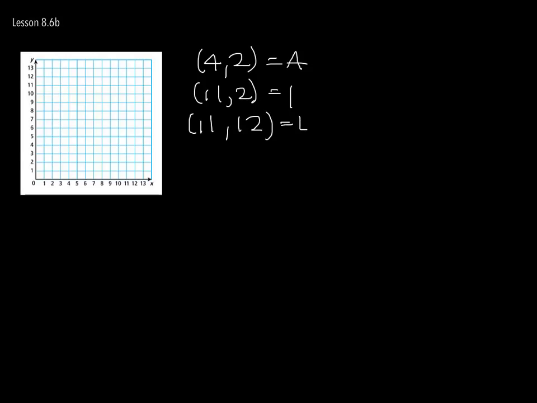So we have 4, 2, and that's plot A, and we have 11, 2, and that is I. Okay, then 11, 12, that is E, and then finally we have 4, 12, and that is going to be U.